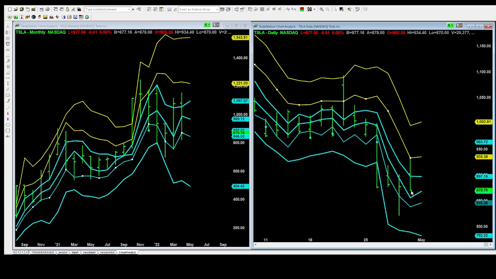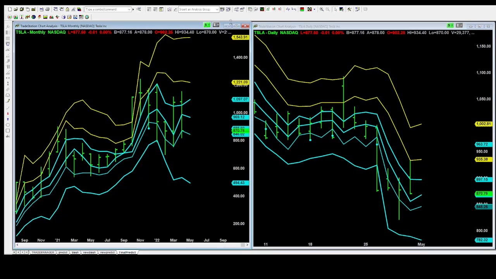On Friday, it decreased and closed at about $870, and this closing price last Friday, from the monthly chart, exactly happened on this trend line.